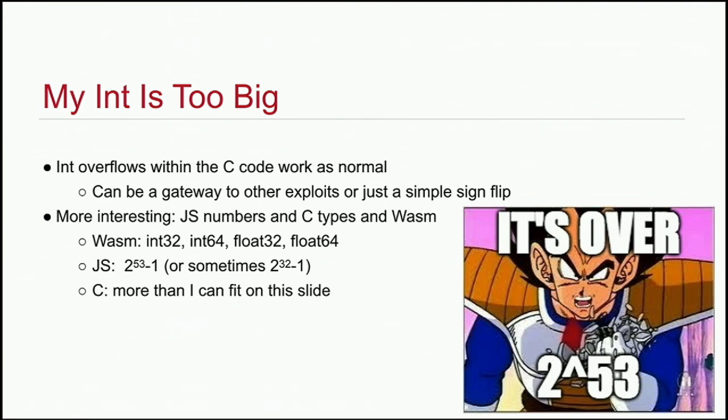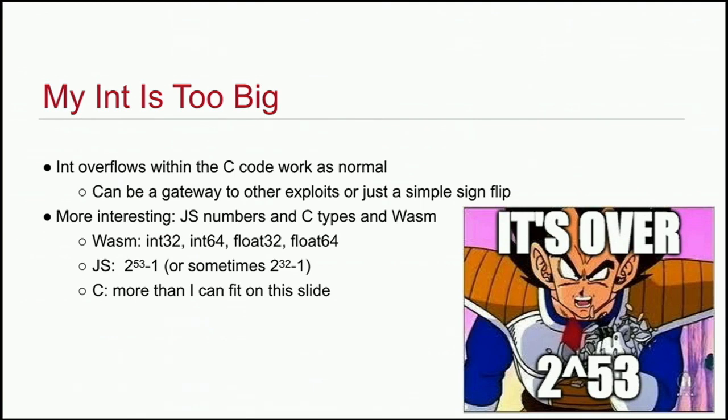If it's unsigned, then you end up in a low value. This is important because if this was a value like your bank account, you could flip it over or withdraw something that you shouldn't have been able to. But also it's sometimes a gateway to buffer overflow exploits, because you can change the expected value of how long an array was supposed to be before it gets created, things like that.